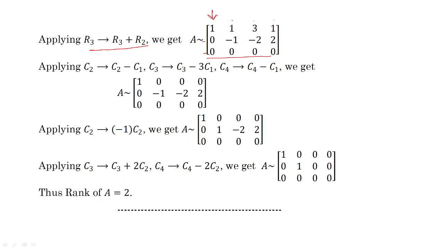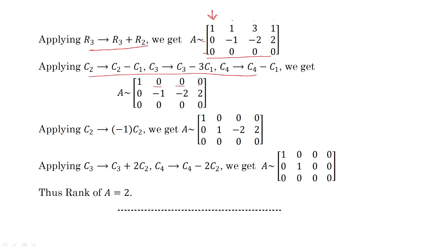So you can make this element 0 very easily. Similarly for this one you can apply C3 minus 3 C1, and for this one you can apply C4 minus C1. So apply all these column transformations, you will get this equivalent matrix.